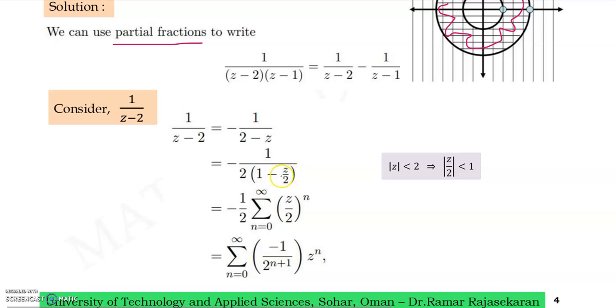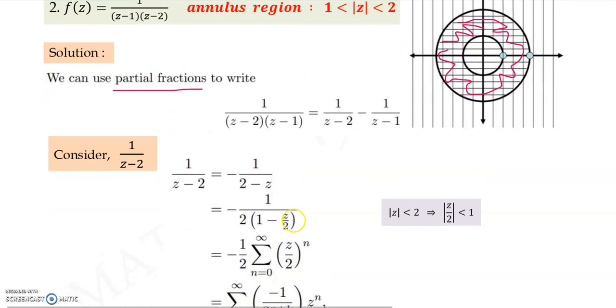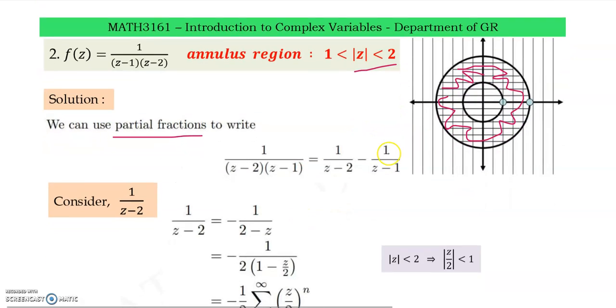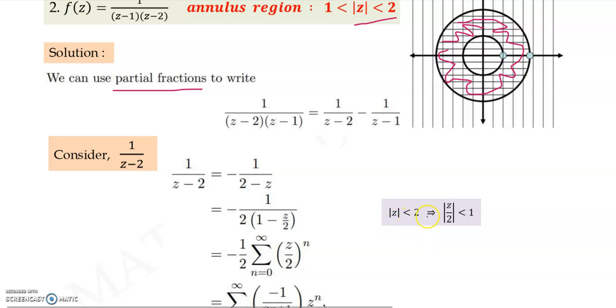Yes, why? I take this part of the condition for the first term, modulus of z less than 2. Cross multiplying the 2, modulus of z over 2 is less than 1. So this is correct.